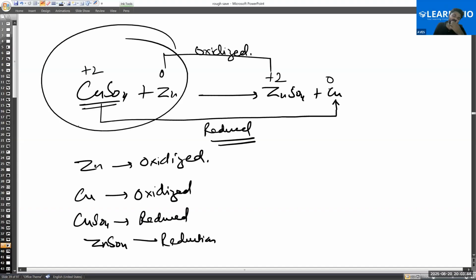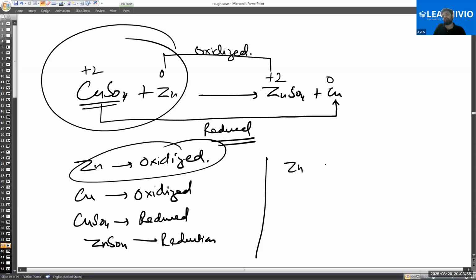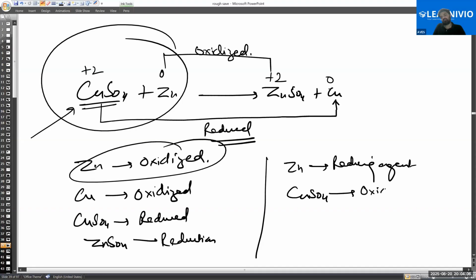Only on the reactant side, we check the oxidizing and reducing agent. The substance that is oxidized is the reducing agent, and the substance that is reduced is the oxidizing agent. So Zn is oxidized, so it is the reducing agent. And CuSO4 is the oxidizing agent. Got it? समझ आया? Yes.